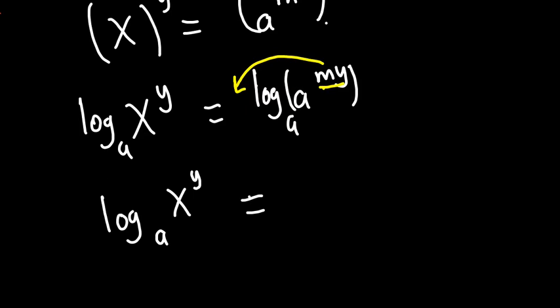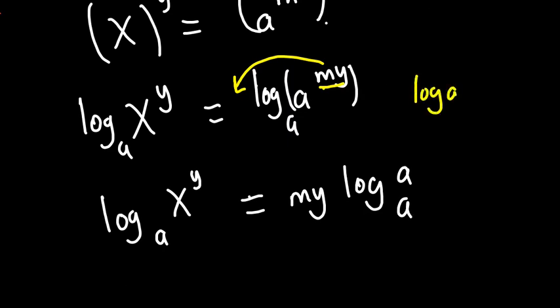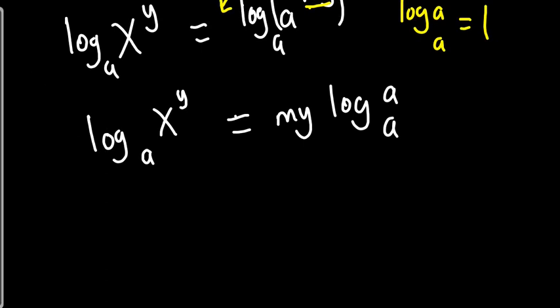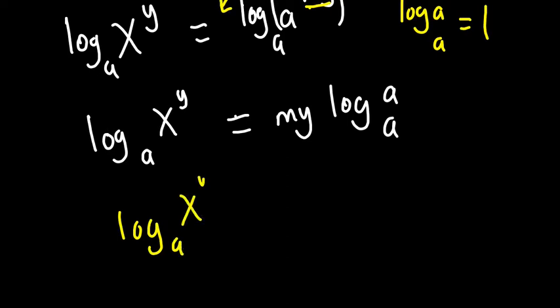So now we have my log a a, and by the identity property of logarithms, we know that log a base a is 1. So now we have log a of x to the power y is equal to my.